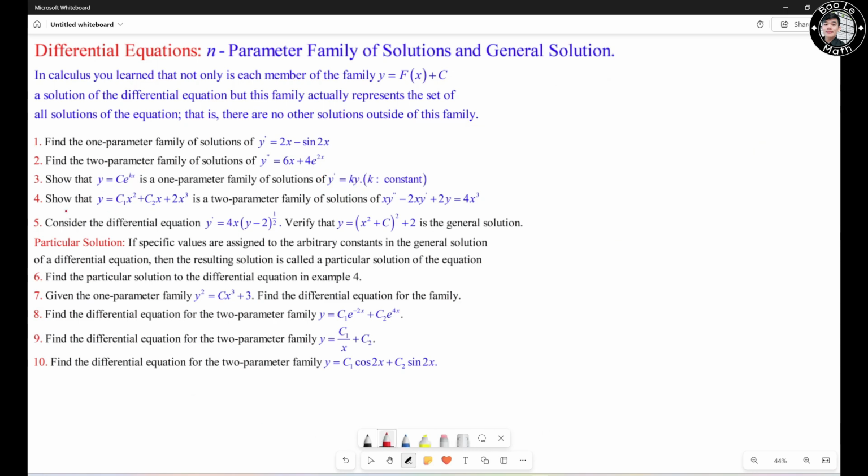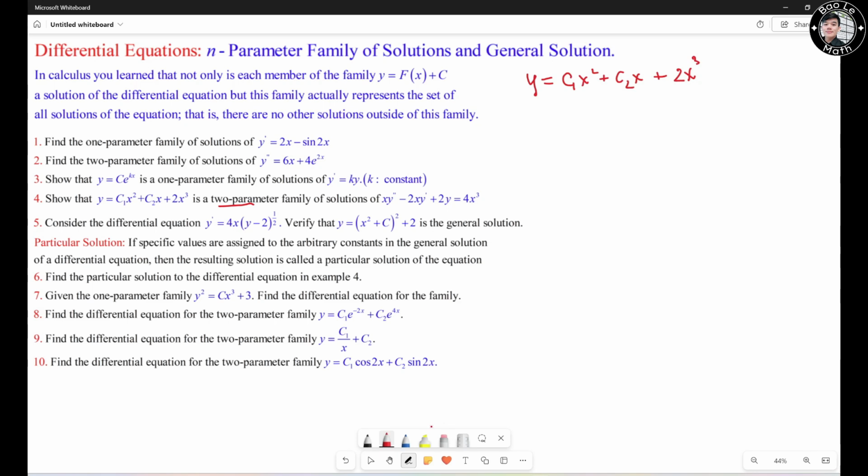Now let's move on to example number 4. We need to show that this equation is a two-parameter family of solutions of this differential equation. We see that this is two-parameter and this is twice differentiable, y double prime right here, so we need to take the derivative of this twice. I have y equals c1 s squared plus c2 s plus 2s cubed.